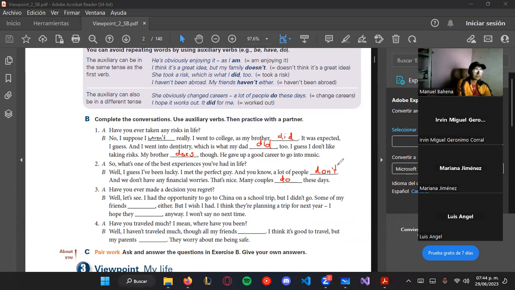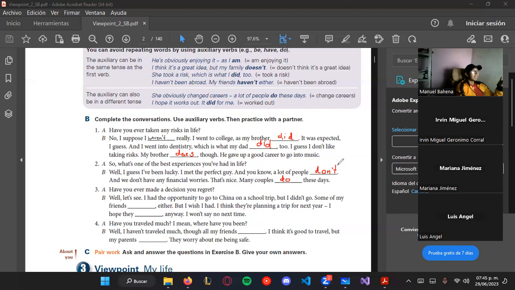Yo conocí al chico perfecto. And you know, a lot of people. Mucha gente no lo hace. A lot of people don't. Mucha gente no conoce al chico perfecto. ¿De acuerdo? A lot of people don't.